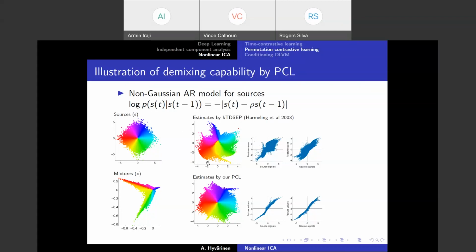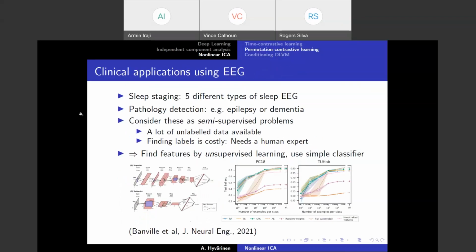Okay, next slide, please. Now, we did clinical applications of methods related to PCL. We had two applications. One was sleep staging, where we measure sleep EEG, and then there are experts who make staging.